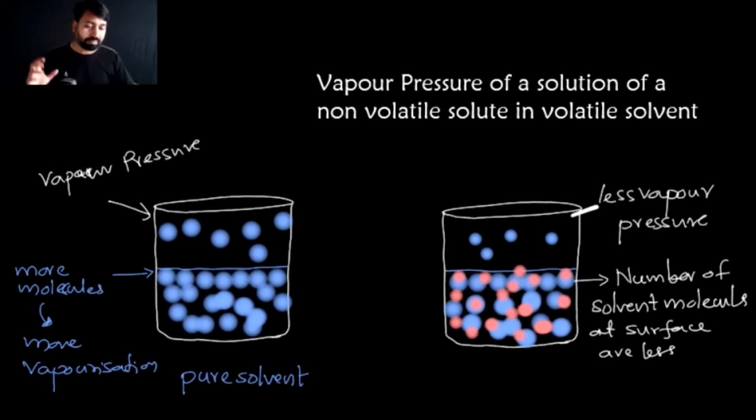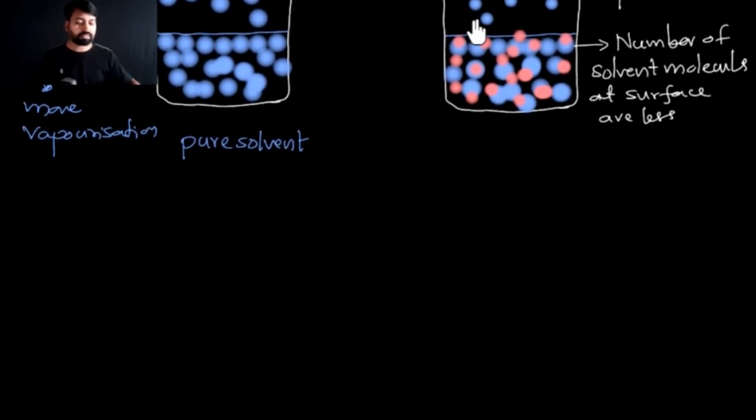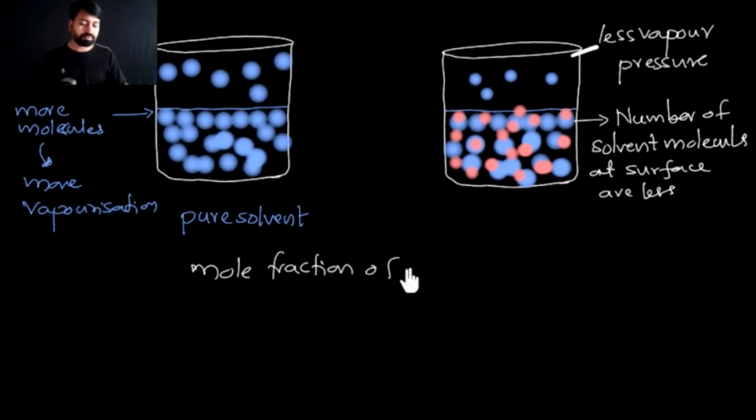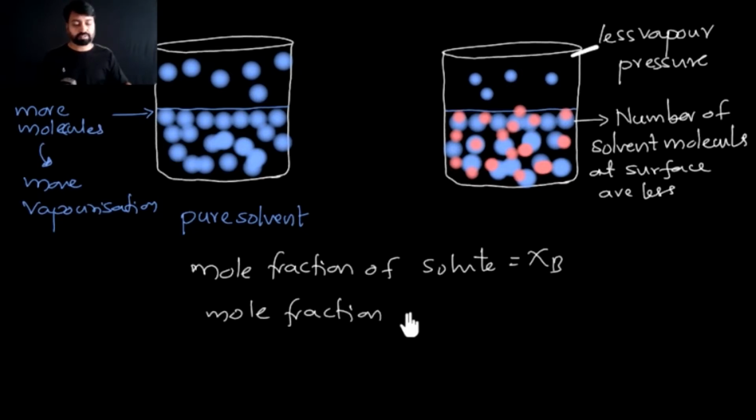Now this part we have to explain in terms of equations. Assume we only consider this container. In this container, the mole fraction of solute is given as XB, and since it is a solution with two components, the mole fraction of solvent equals XA.